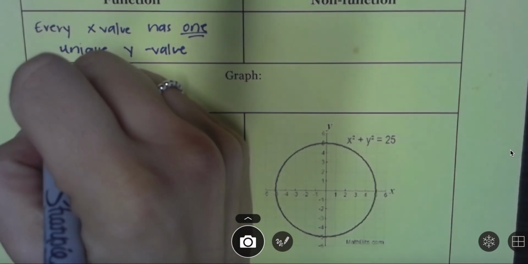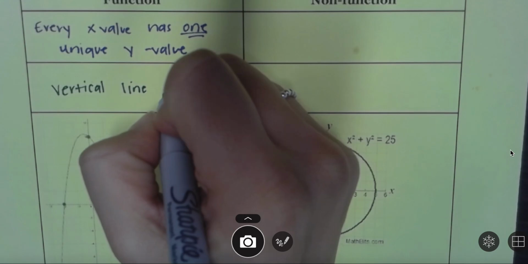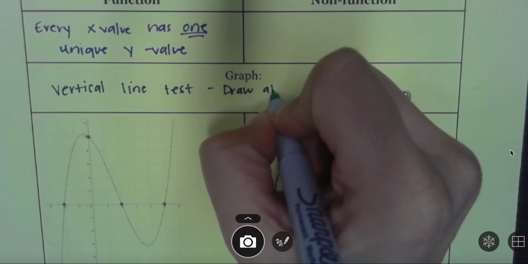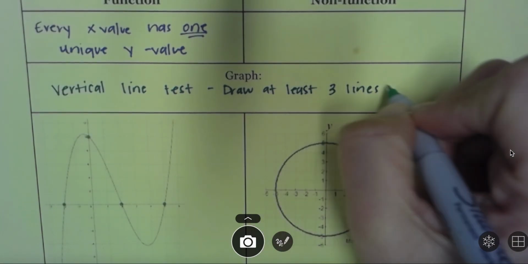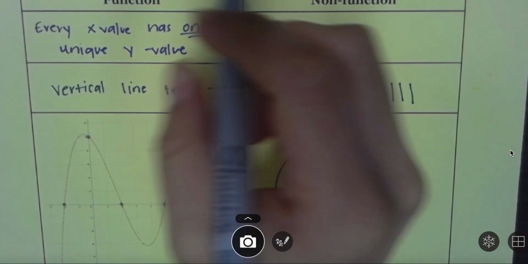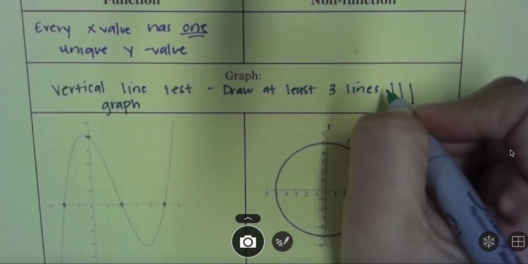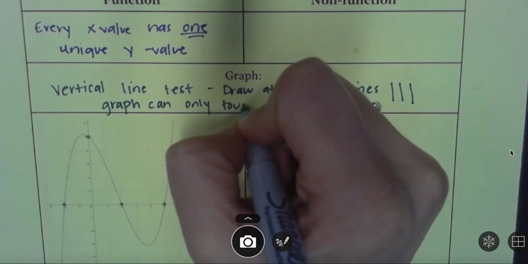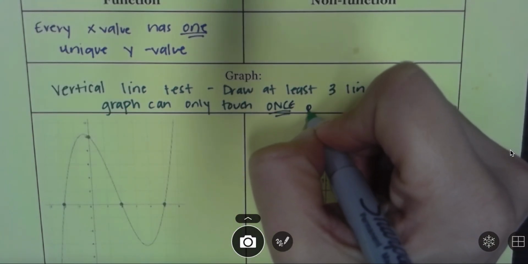Those are lines that go up and down. So draw at least 3. And what you want to do when you draw those lines is your graph can only touch those lines one time per line. Can only touch once per line.